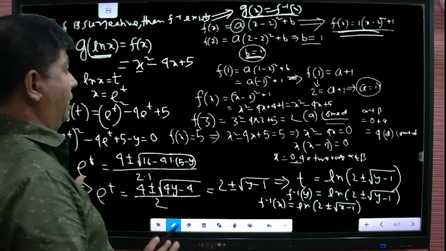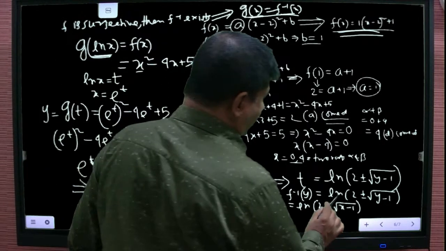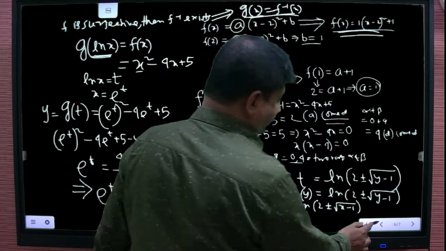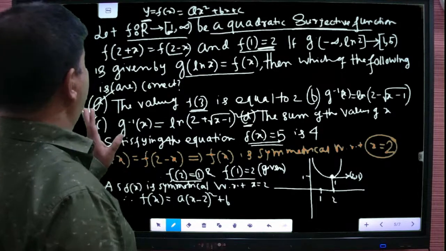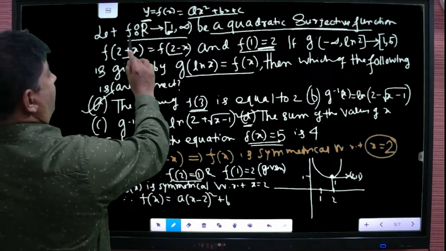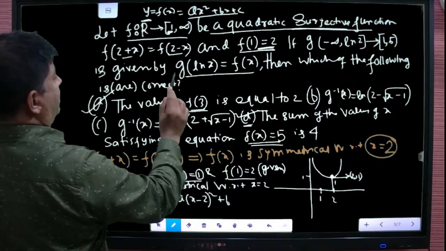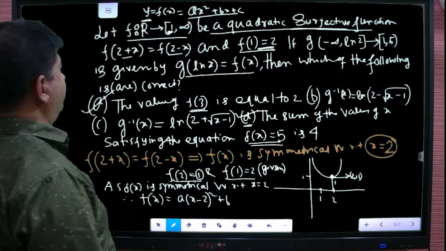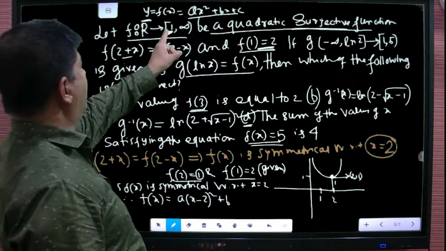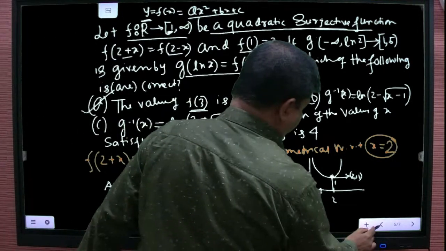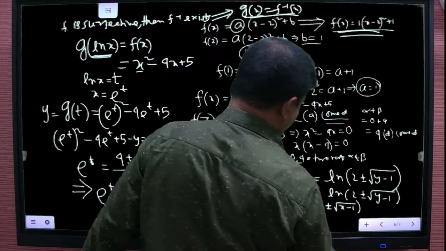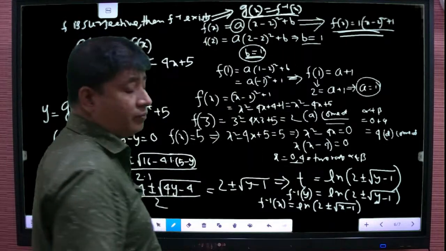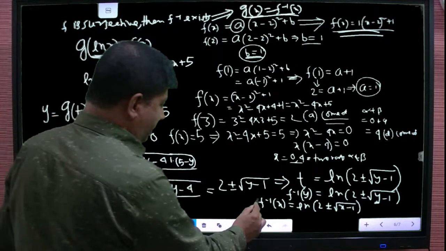We do not take both plus and minus, we have to choose one. To choose one, we have to see what condition is given. The condition of f is 1 to infinity, so 1 is the minimum value of y. If you put the minimum value of y equal to 1, this step I will write in later.